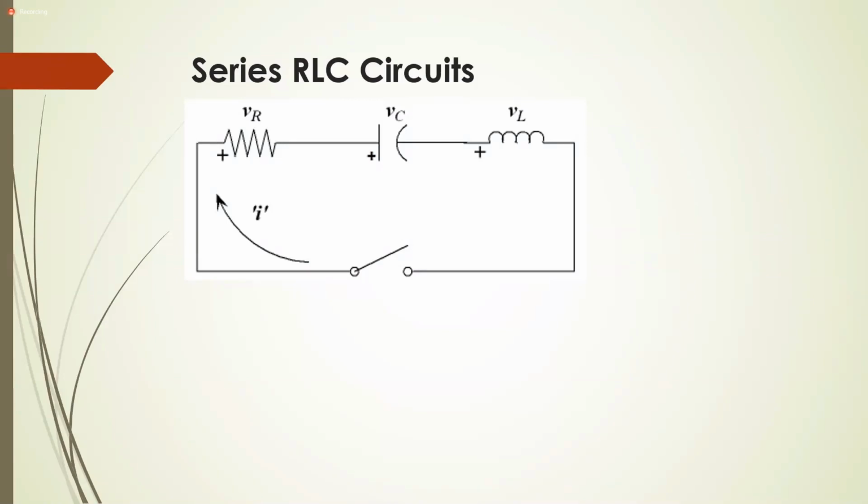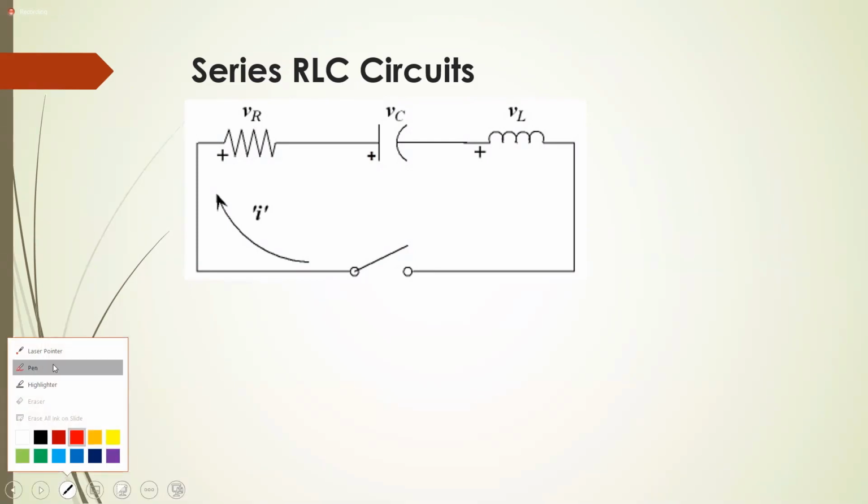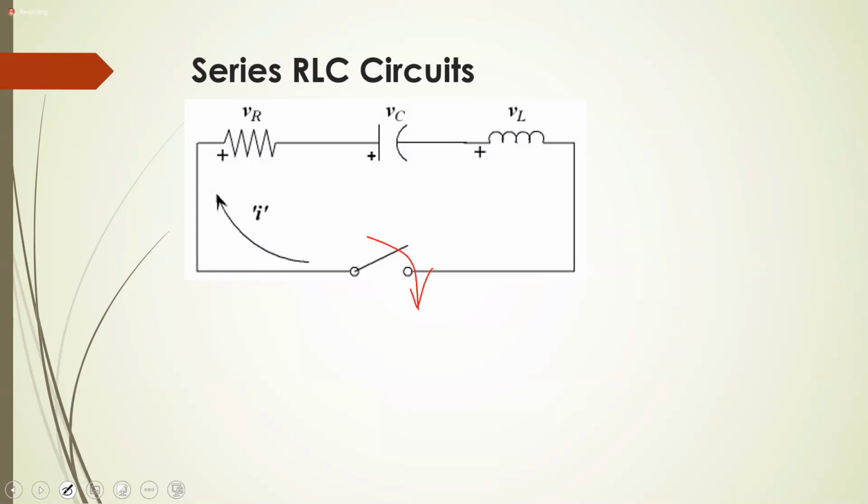And going back from the definition that we give, here we're closing our switch at time t equals 0. What we want to determine is what happens in the circuit after the switch is closed. So what happens thereafter?